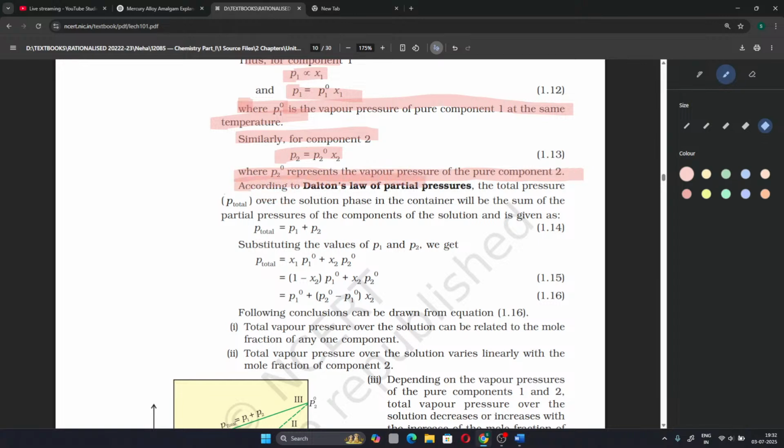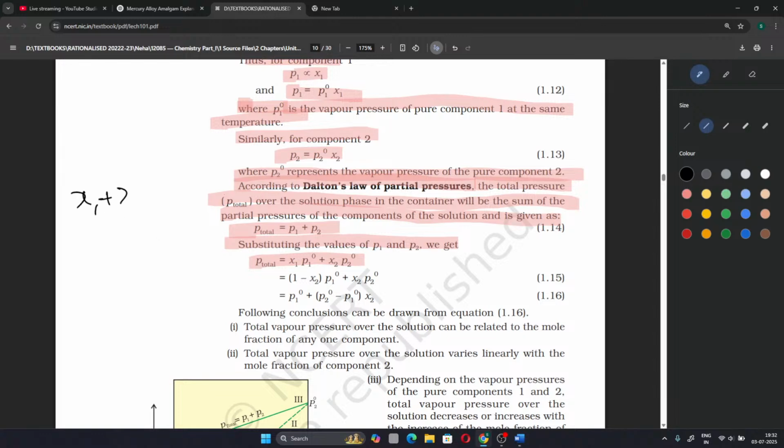According to Dalton's law of partial pressures, the total pressure P total over the solution phase in the container will be the sum of the partial pressures of the components of the solution, given as P total equals P1 plus P2. Substituting the values of P1 and P2, we get P total equals chi1 P01 plus chi2 P02.